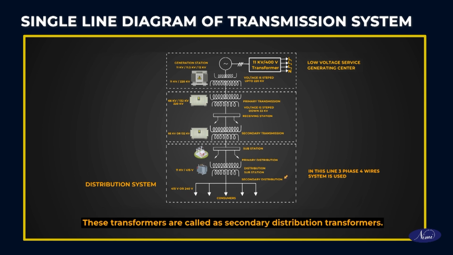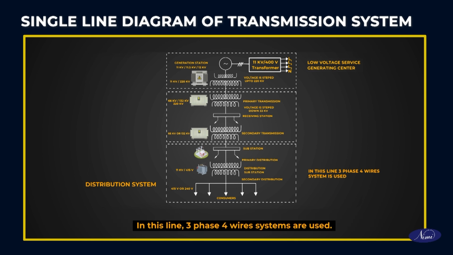These transformers are called as secondary distribution transformers. This 415 volts or 240 volts line is called the secondary distribution line. In this line, three-phase, four-wire systems are used.